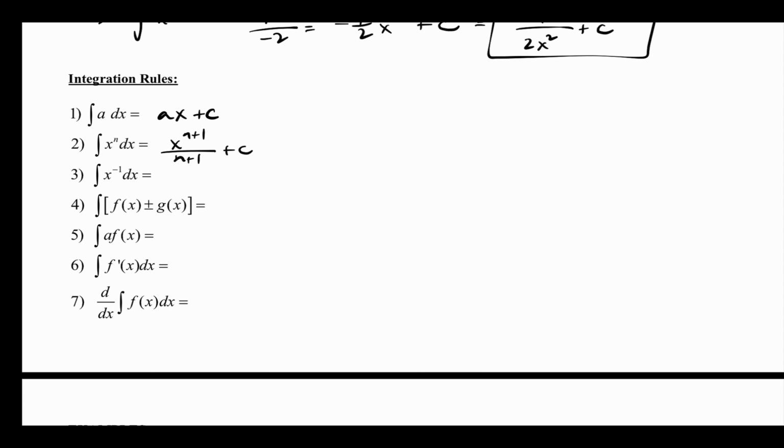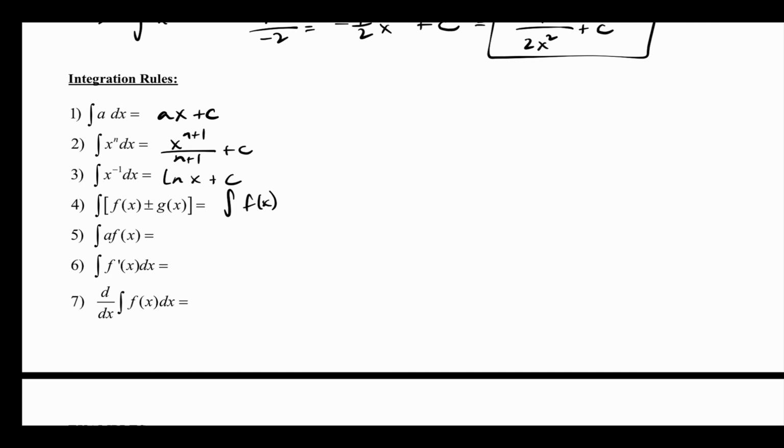x to the negative 1. That's the special case where it doesn't work. But it's natural log, because the derivative of natural log was 1 over x, which is x to the negative 1. So if you have something plus or minus something and you're trying to find the antiderivative, do each of them separately.